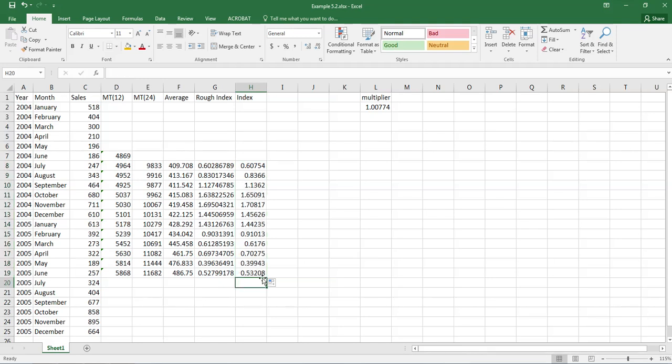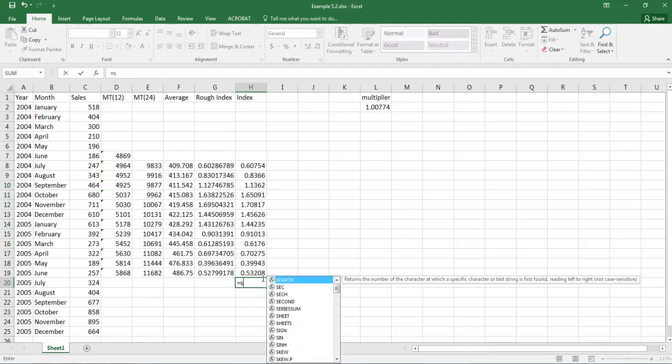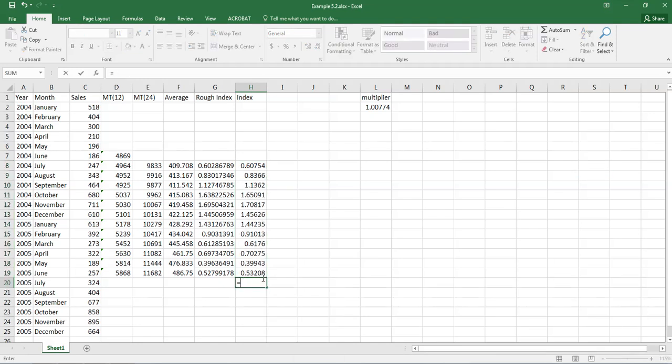Here we go. We can double check the summation of the indexes is exactly 12.